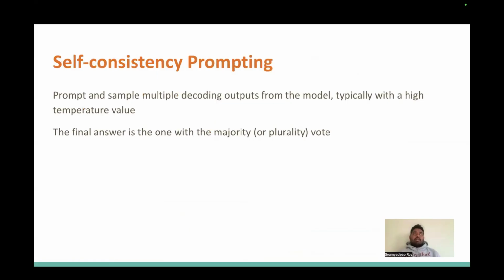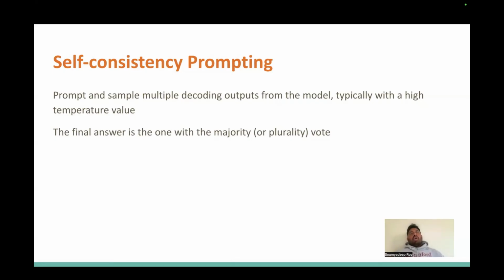Then there was self-consistency prompting. The idea is instead of just giving out one answer, because you have to remember that when it is generating an output, there is a randomness associated with it. If you give the same prompt 10 times, it will give 10 different answers. This is controlled using the temperature parameter.